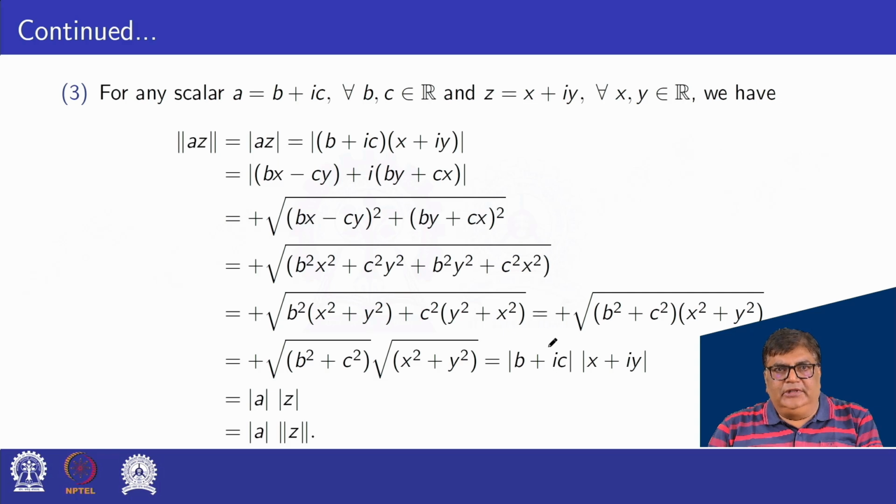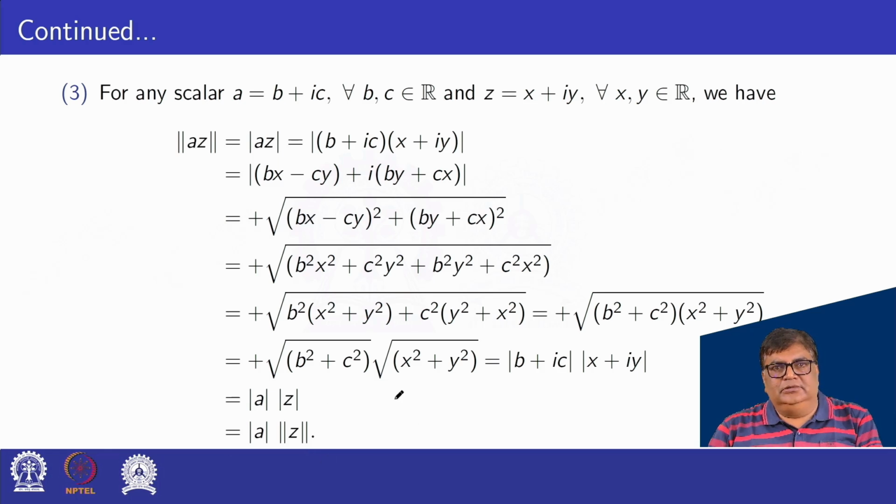Therefore, as defined, b plus ic is equal to A. So this is mod A and this is mod Z, so Z as vector. So this is mod A norm Z.